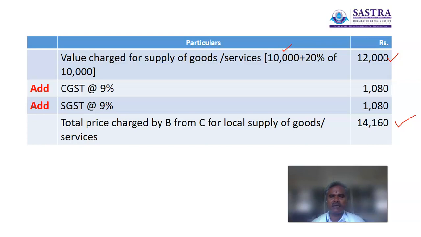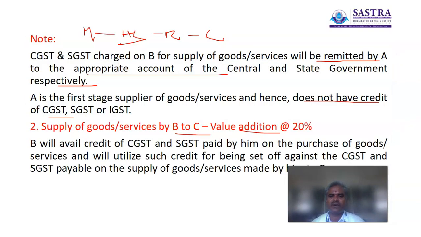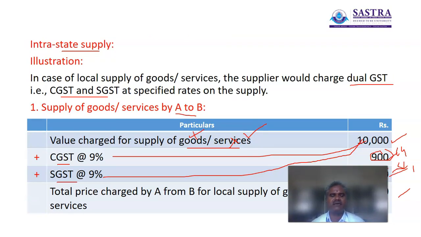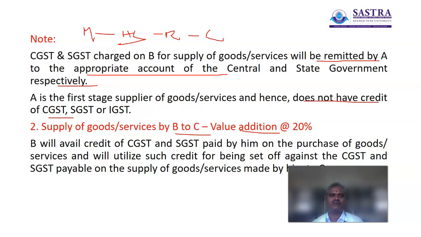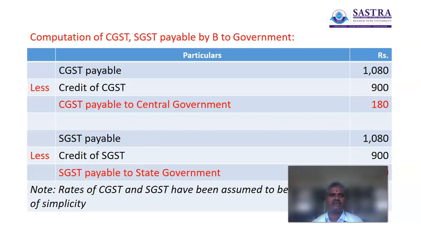But he has a credit of 900 from the first purchase, because at the time of buying the goods, we paid 900 for that purchase. This is called input tax. So now B has input tax credit, so it has to be adjusted against the GST paid.